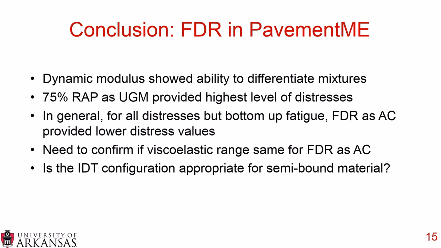Because it is a lot harder to run tests with those smaller samples and cut nice flat faces to put the gauge points on for semi-bound materials versus fully bound materials like asphalt concrete. So just logistically, it's a little harder to make samples out of FDR for the IDT configuration of dynamic modulus.